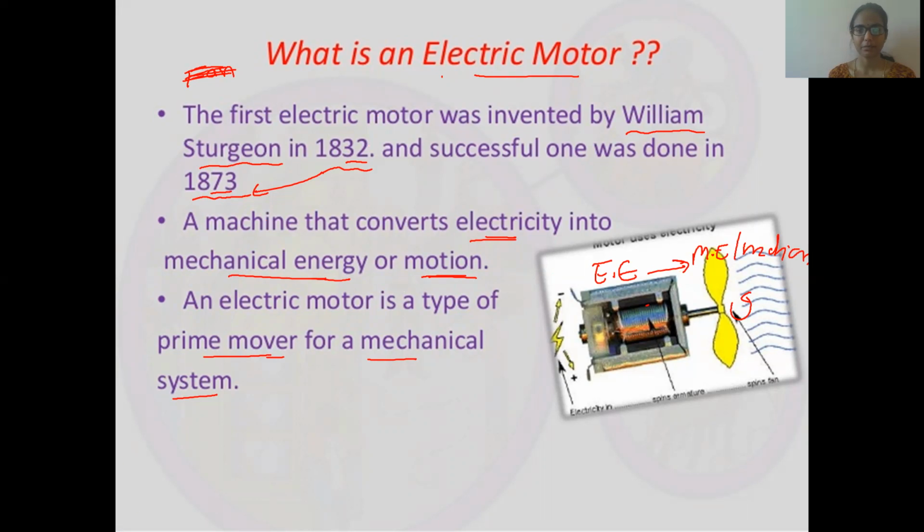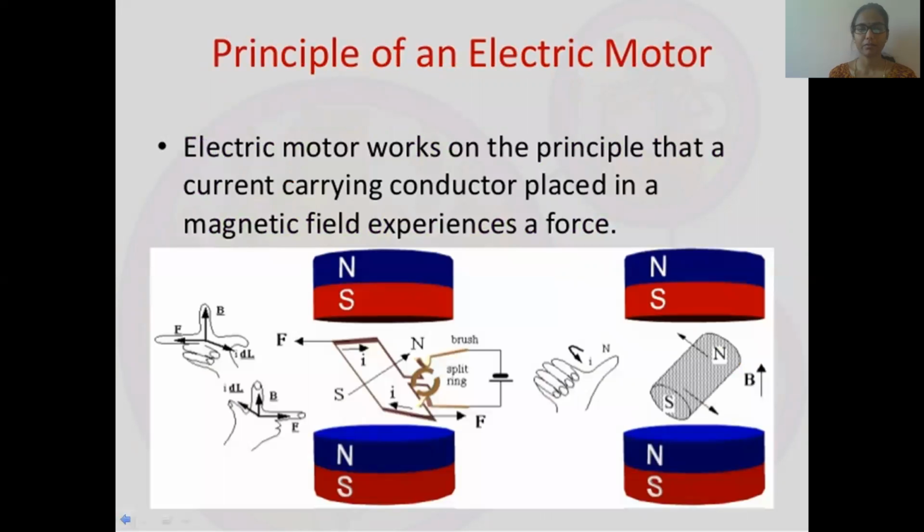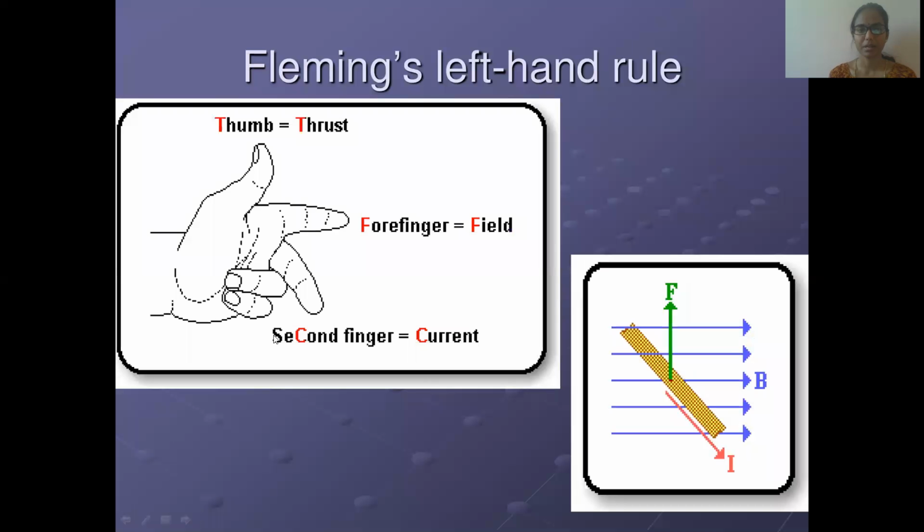I hope what an electric motor is is clear to you. The next thing, to understand the electric motor: when you place a rectangular coil inside a magnetic field, a force will act on it. Current carrying conductor, when we place it in a magnetic field, what did we see? The motion of the conductor. Suppose this is a magnetic field, north and south poles taken, and the field lines go in this direction.